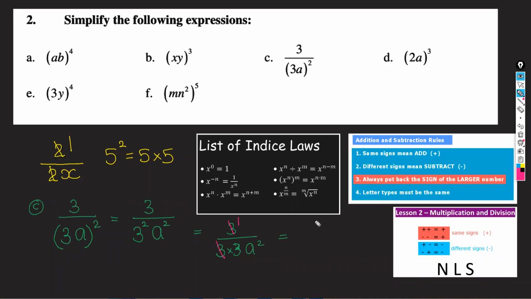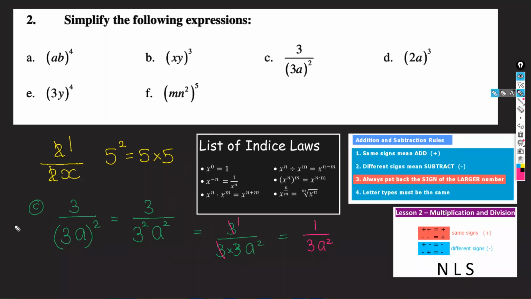So you're going to end up with 1 divided by, but this 3 is underneath. Some people put in the answer like this, 3a squared. Is 3a squared the same thing as 1 divided by 3a squared? No, that's completely different. So this is the final answer, this pink answer here, because one of the 3s on top got canceled out with one of the 3s underneath.